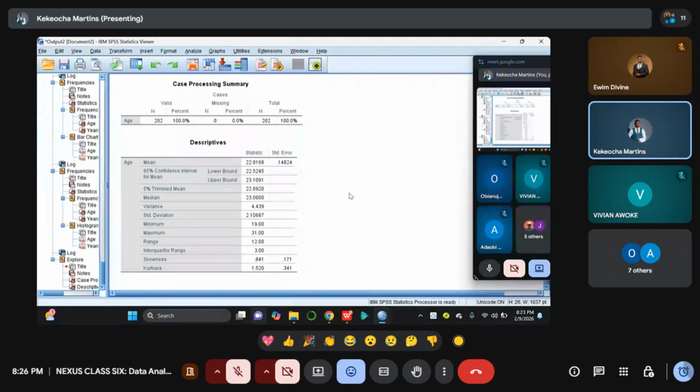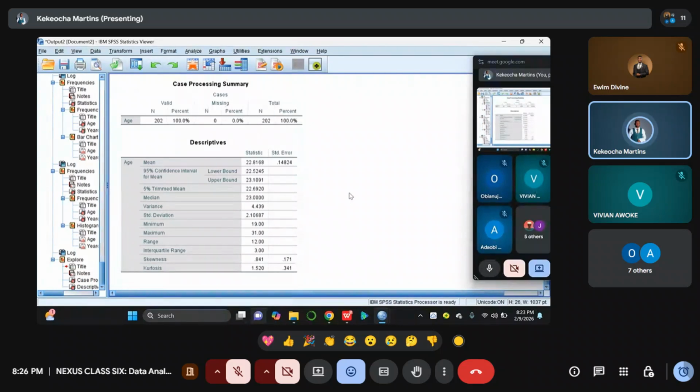Let me come again. Let's say in Gregory University, Abia State, we have 100 students in total. That is the population. But for our sample, we took only 10. And we calculated the average and we got 22.816.